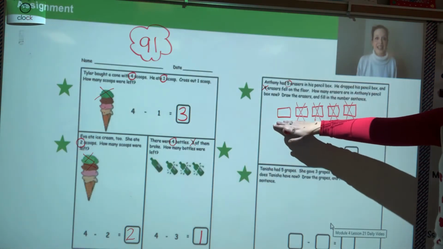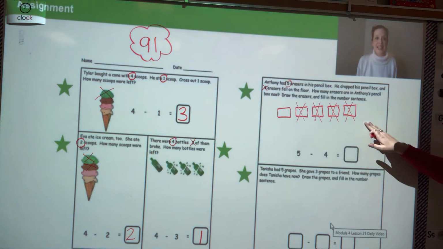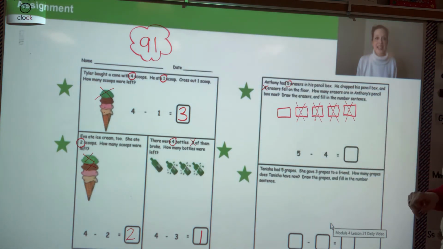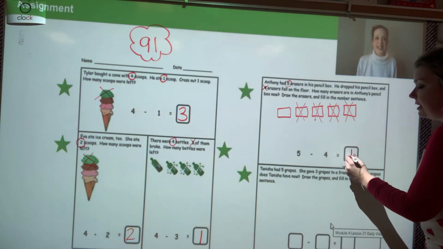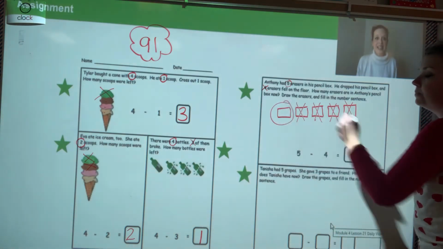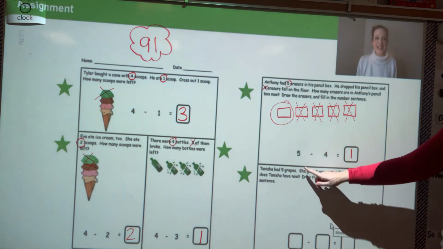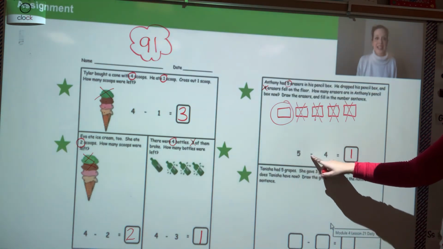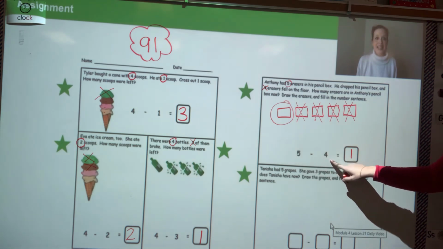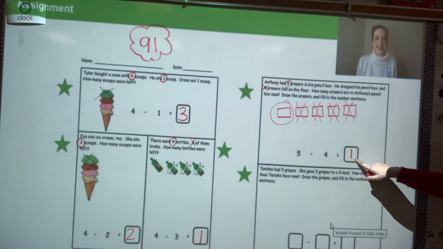I had 5 and I crossed 4 out. So what do I do? You write 1 inside your box. Oh, because there's 1 eraser left. Thank you, Estelle. So my number sentence says 5 take away 4 equals 1.